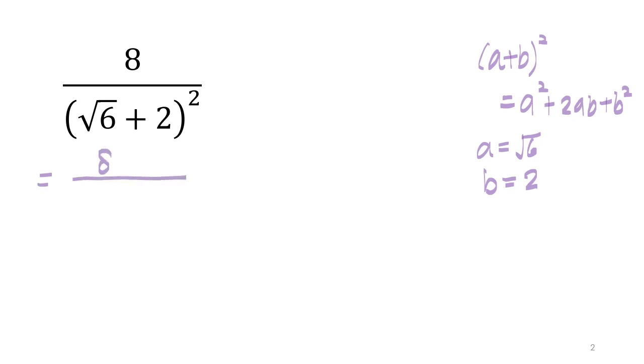So that will give us, make sure you bracket it, square root 6, close bracket, to the power of 2, plus 2 times a, which is your square root 6, bracket it, times b, which is the number 2, plus bracket 2, close bracket, squared.